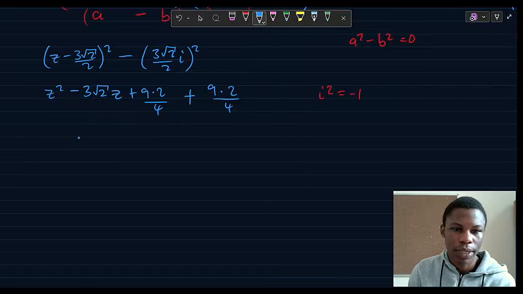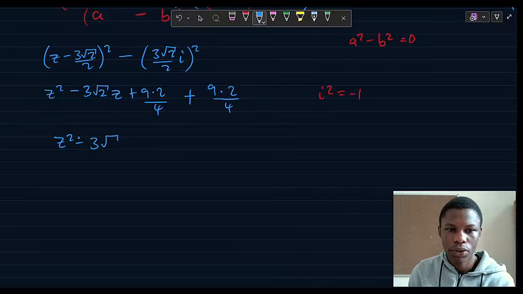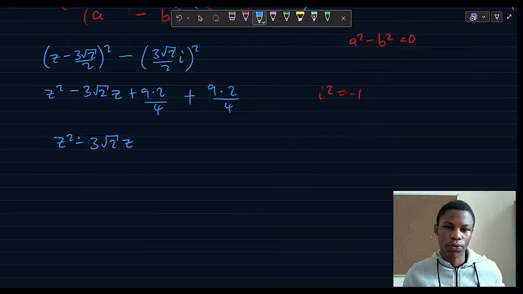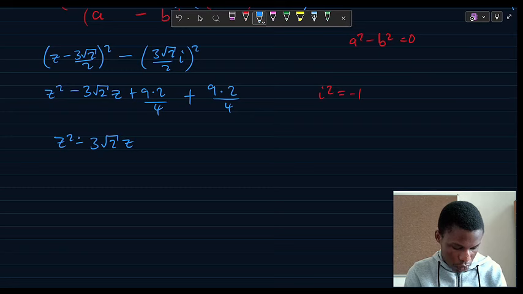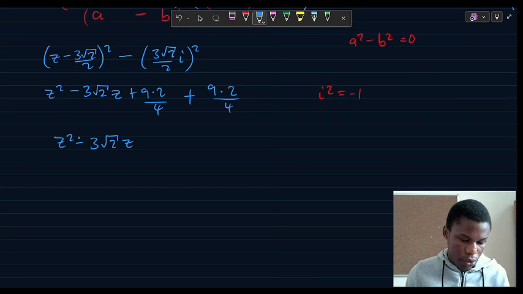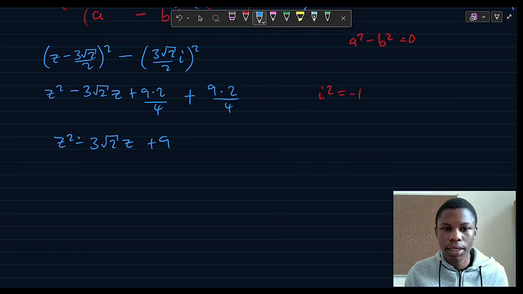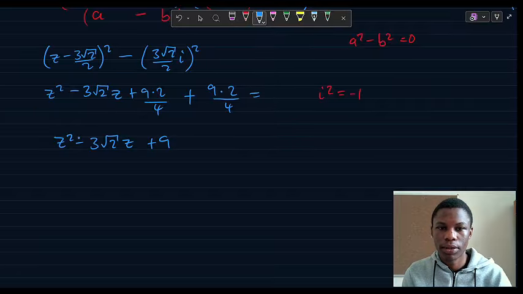Now let's simplify what we have. We've got z squared minus 3 root 2 z, and then I've got 9 times 2 over 4, 2 times. So 9 times 2 over 4 multiplied by 2, that just gives me 9. So this means that, oh, this was supposed to equal 0.